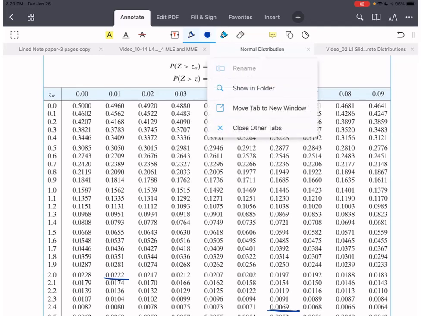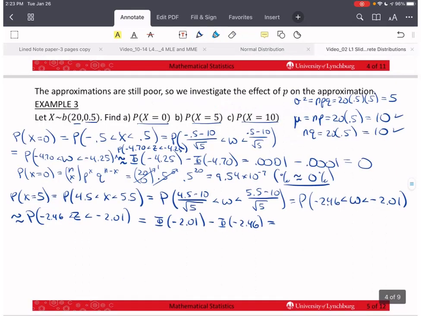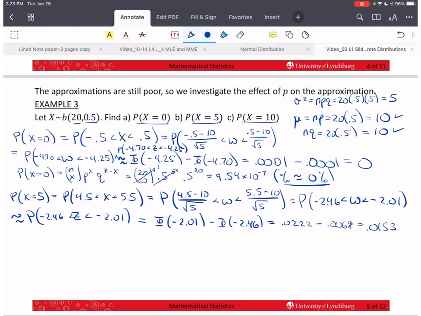So, whoops. This is 0.0222 minus 0.0069 equals 0.0153.